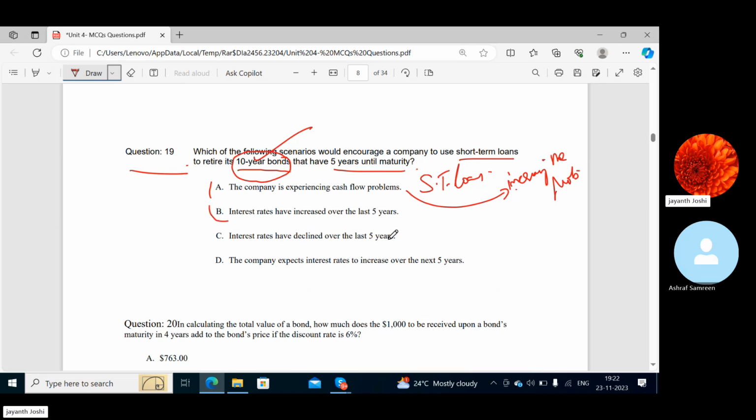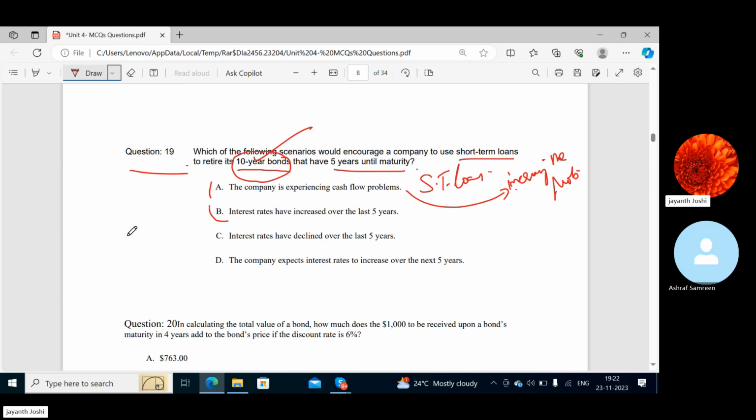Interest rates have declined over the last 5 years. This is a good indication, right? Refunding with short-term debt may be appropriate in this case. The bonds pay a higher interest rate than new short-term debt. Assuming that the rates continue to fall, the short-term debt can itself be refunded with debt having a still lower interest rate.